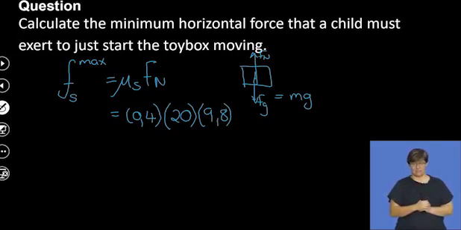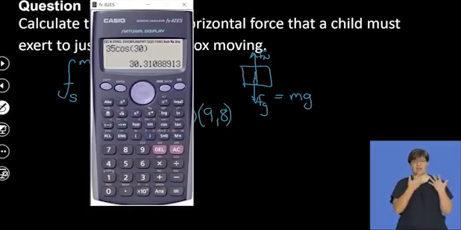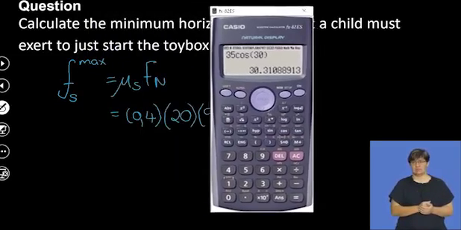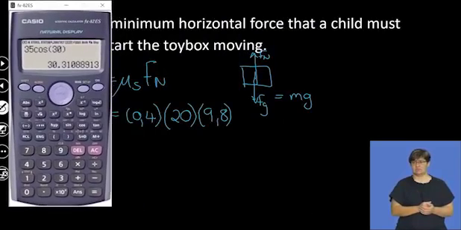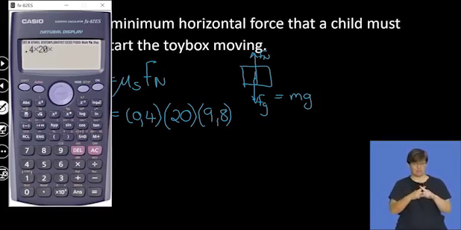Now we use our calculators. Okay, so we take our calculators out. Let's put it on the side. So here, we've got 0.4 times 20 times 9.8. No fractions, okay? So we're going to change it into a decimal, 78.94.